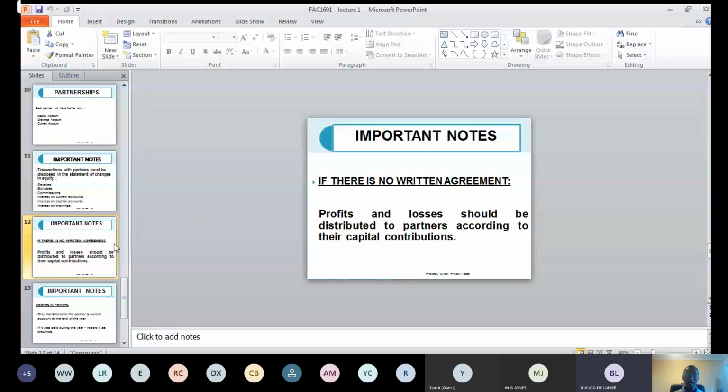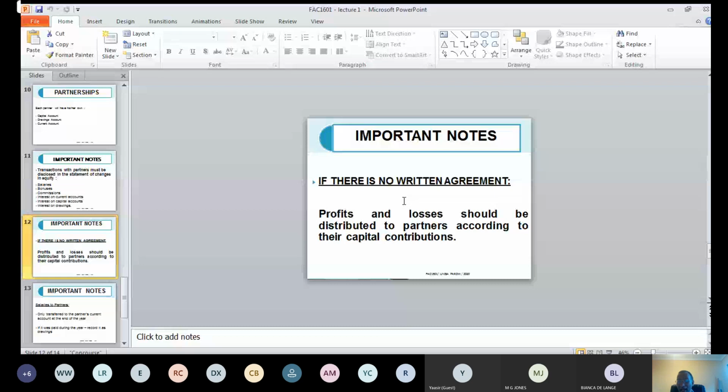Okay, we continue. I was explaining to you what will happen if there is no written agreement. So if your question paper doesn't tell you how the profits must be shared, the rule is the profits and losses are shared amongst the partners in the ratio of their capital contributions.